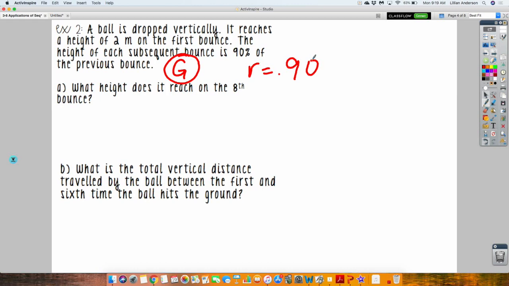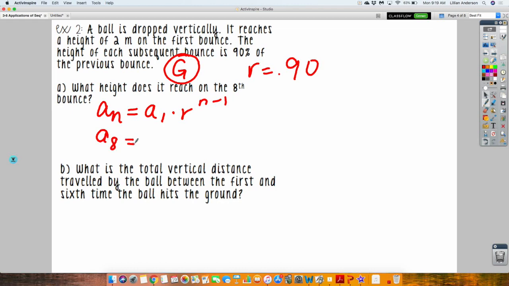Now the first question asks us, what height does it reach on the 8th bounce? For this one, are we going to use A sub n or S sub n? We're going to use A sub n because we're looking specifically for the 8th bounce.